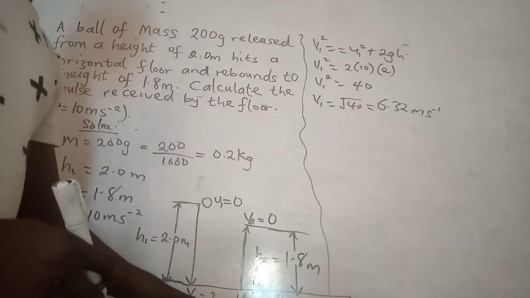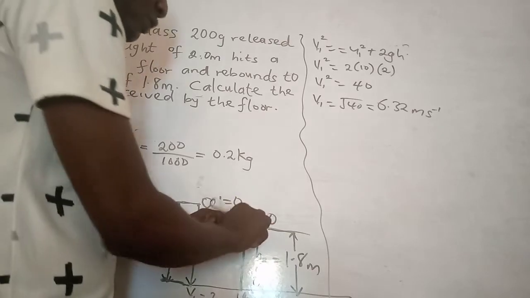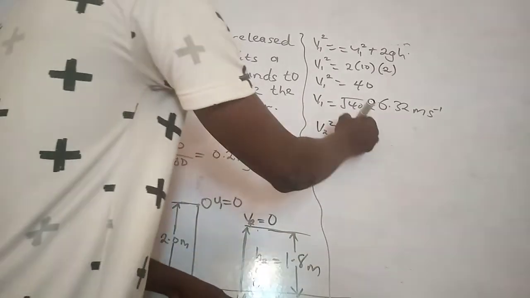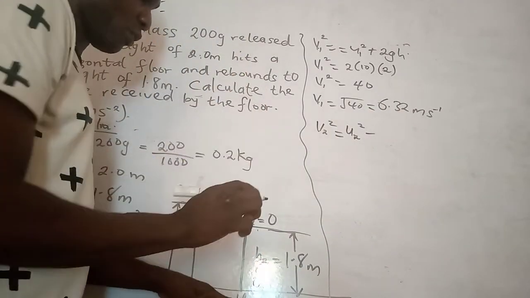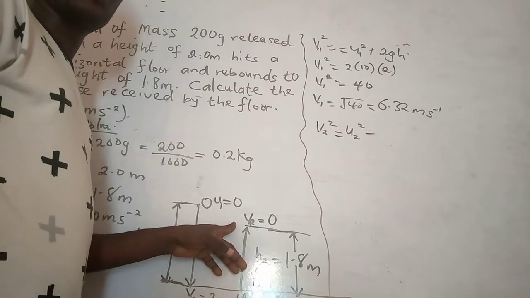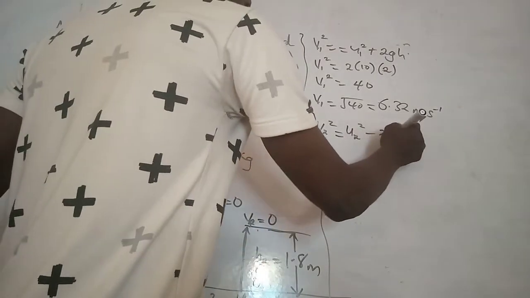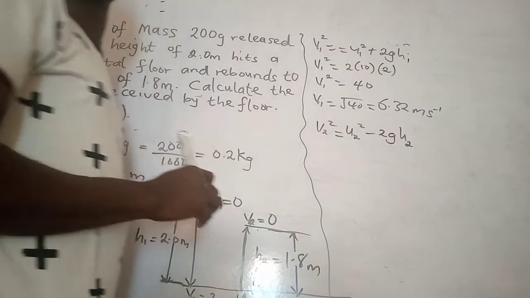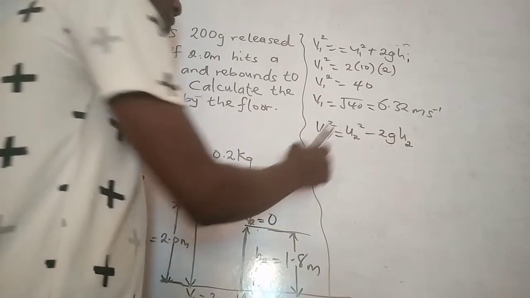Now again, I'm going to look for U2. I'm applying the same formula, but in a different way. V2 squared, the final velocity squared, is going to be the square of the initial velocity minus 2gh2. I'm using minus because the velocity reduces; it decelerates. V2 is 0 at this point.